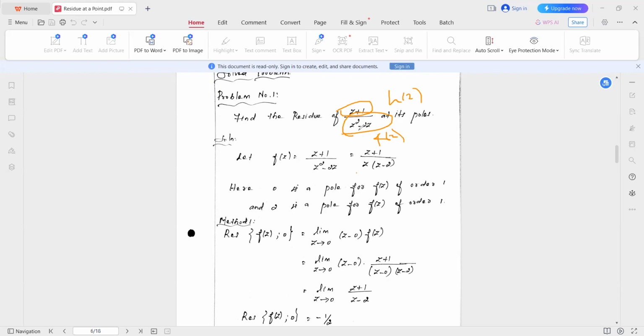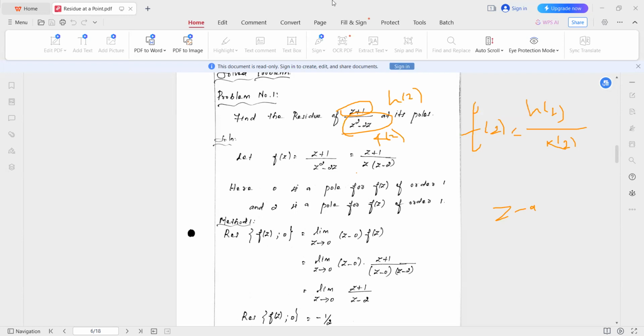Here you don't need to separate z plus 1 out of the numerator, because f of z in the lemma, the statement is f of z is of the form h of z by k of z, and not particularly some z minus a. So whatever it is in the numerator, you can take it as h of z, and whatever it is in the denominator part, you can take it as k of z.